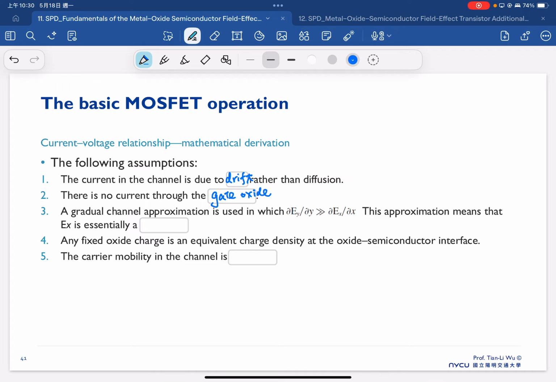And then the gradual channel approximation is used, and this approximation means that the electric field in the x direction, Ex, is essentially a constant.